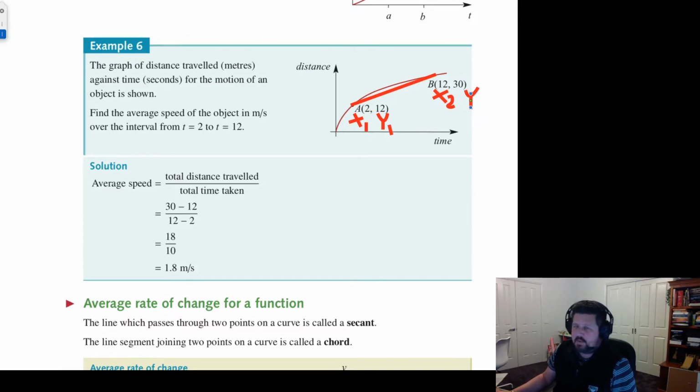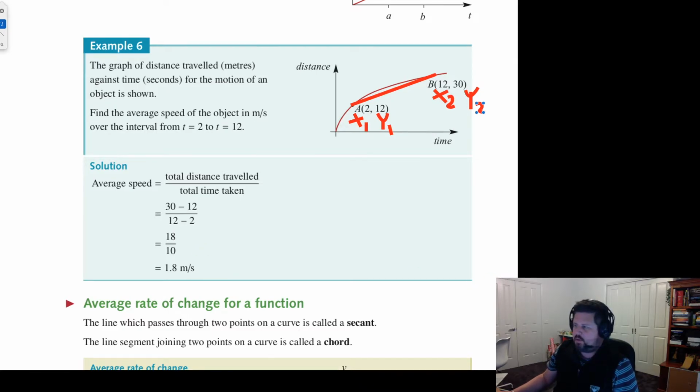What you would do is y2 take away y1, divided by x2 take away x1. Yep, and the same difference here. We're going to have the 30 take away the 12, which is the total distance traveled, divided by the 12 take away the 2, and we can work out the calculation from there. It is 1.8 meters per second, the average speed in that example.